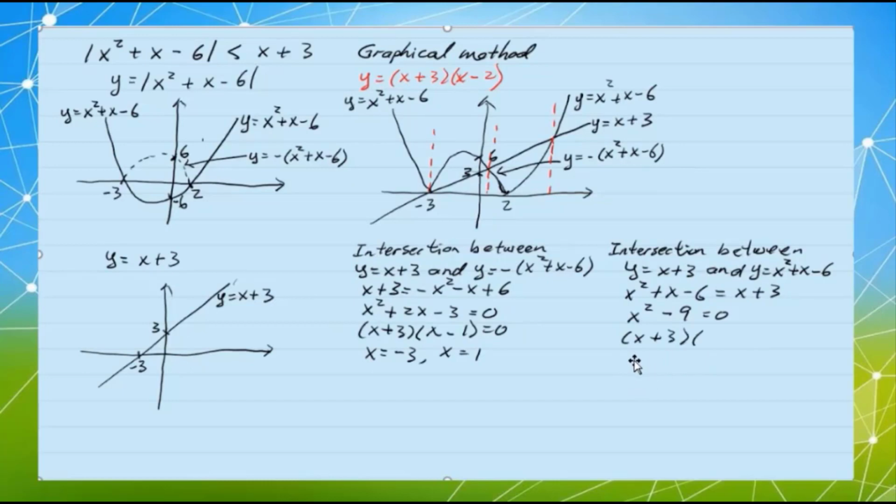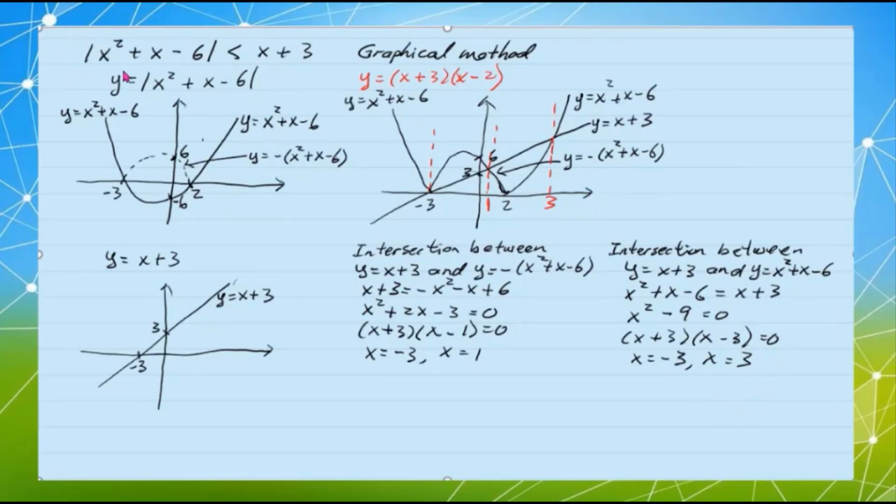Then after factorization, it becomes x plus 3 multiply x minus 3. Then from here, we found that x is negative 3 or x is positive 3. Now from the diagram, since the x values are positive, we know that the first intersection point is 1 and the second intersection point is positive 3.